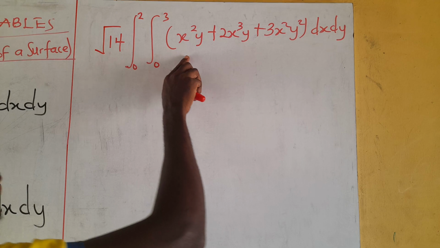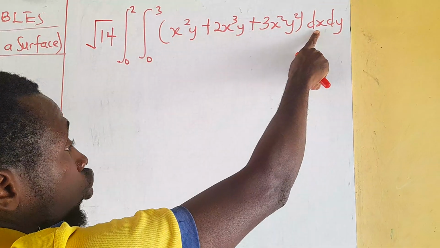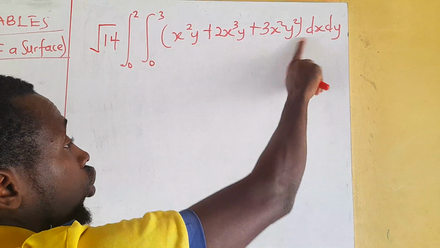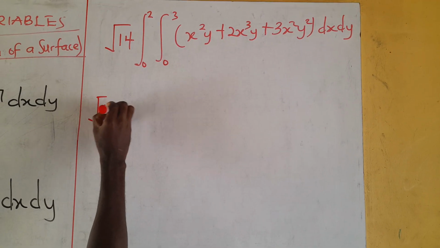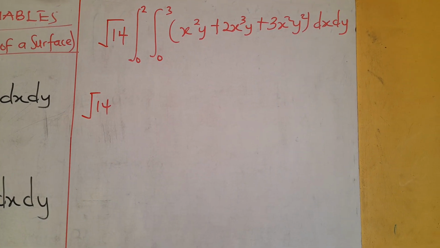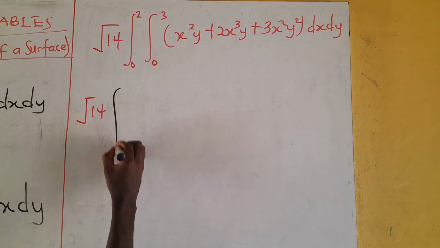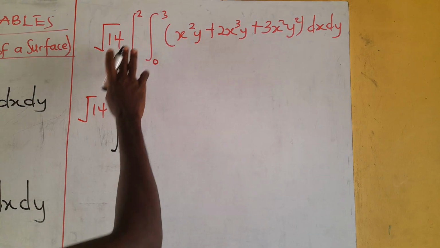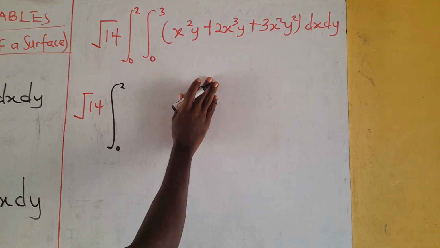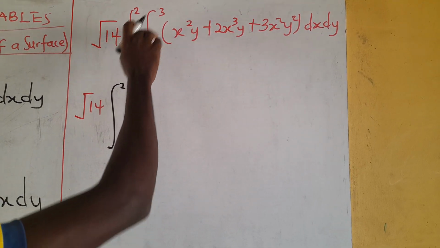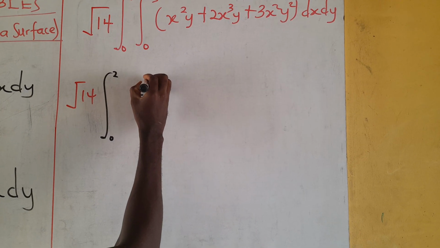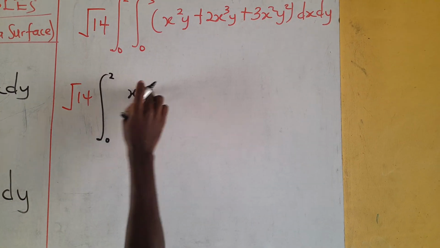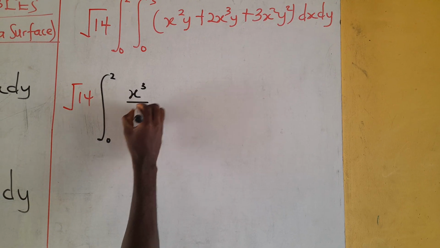So since we are going to perform integration of this function with respect to x, the y will be held constant. So we say this is the square root of 14. The integral spanning from 0 to 2. That will be for the y. The x, since we are going to perform the integration with respect to x, this will no more be there. So we have x, we add 1 to this divided by the constant.